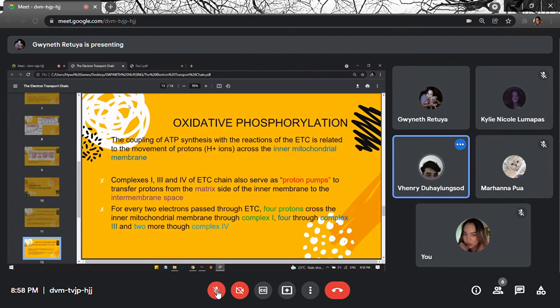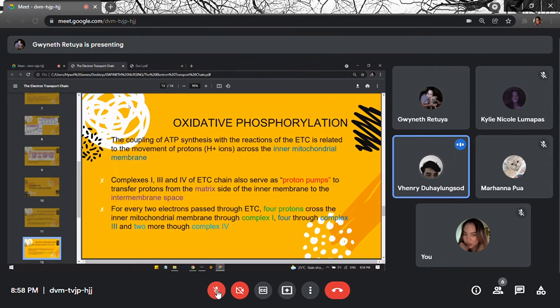For every two electrons that pass through the electron transport chain, four protons cross the inner mitochondrial membrane through complex 1, four through complex 3, and two more through complex 4.